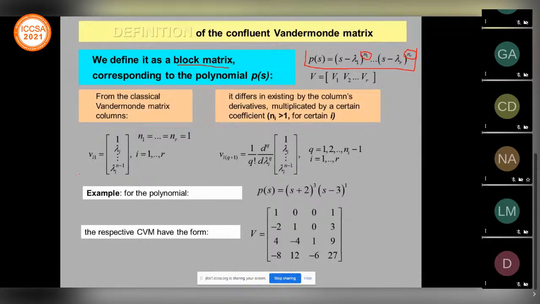Classical van der Monde matrices have only blocks like this, but we also have some confluent blocks. For example, for the polynomial with two zeros, -2 and +3, you have the following matrix of two blocks.